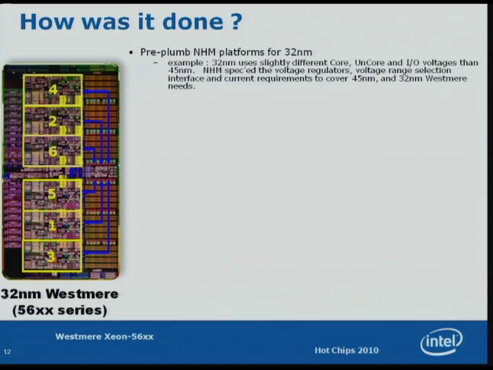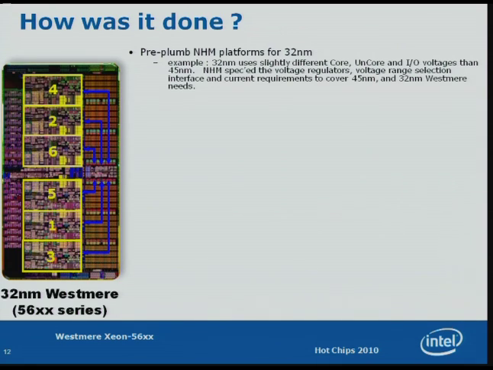I'll talk about that in a little bit, how the PCU, the power control unit, is actually dynamically moving the voltage of these parts around. And in fact, these parts all run at different voltages with respect to one another. Even the same SKUs, they run at different voltages from one another. That's part of the way that Intel was able to get this 50% extra capability into the same socket.